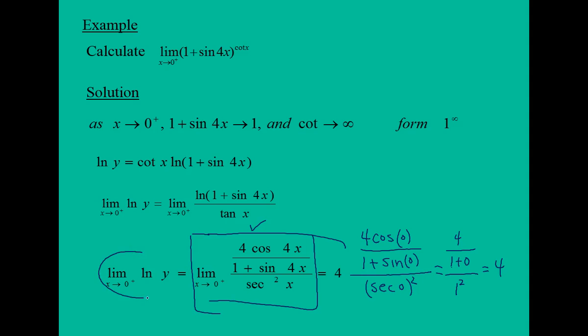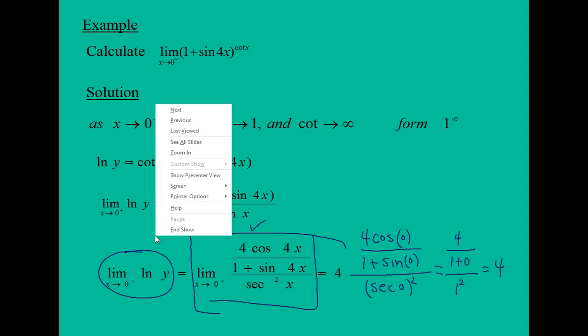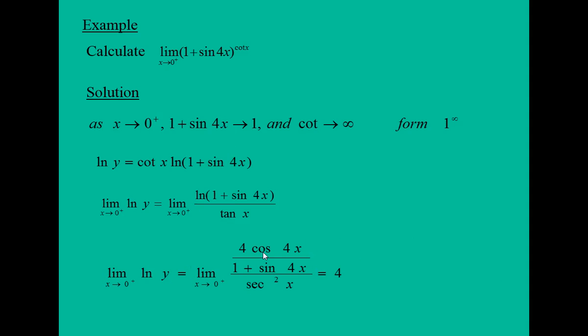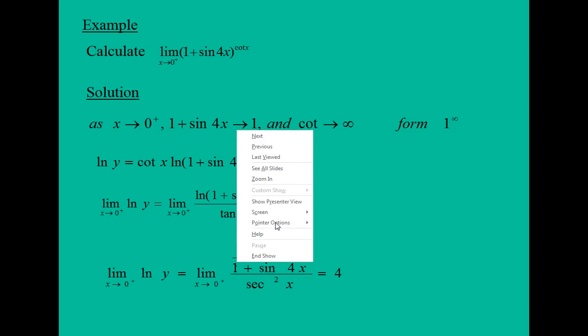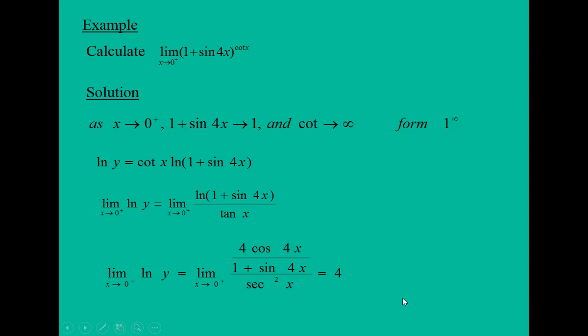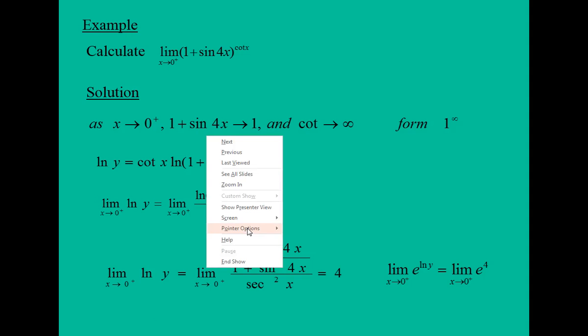Now notice here, we still have this limit over here. We're trying to solve for y. We want to know what y equals. So if you rewrote this in exponential form, or you can think of it this way, let me write this out.